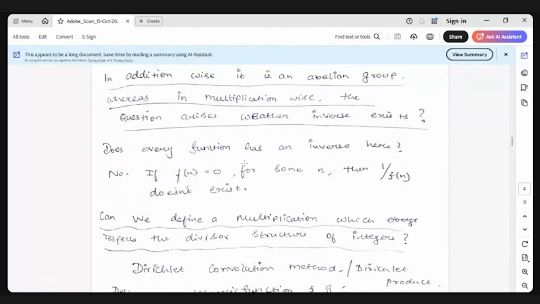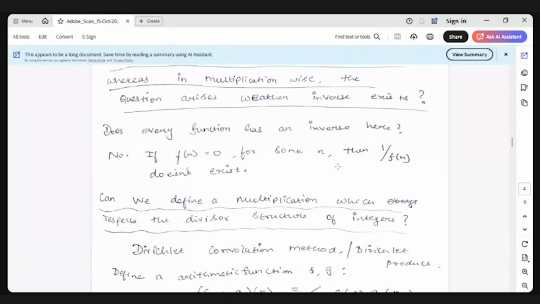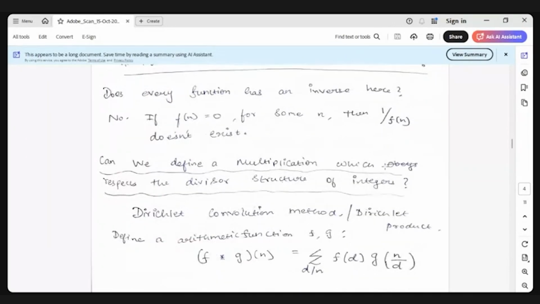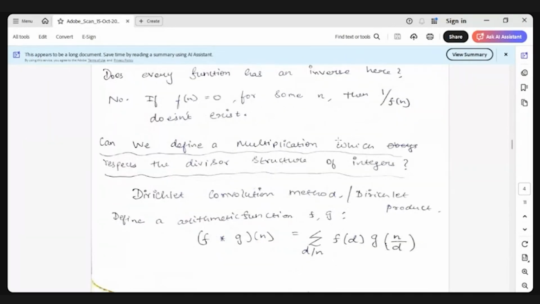Can we define a multiplication which respects the divisor structure of integers? I am in search of a map which includes this inverse property also. So there comes the Dirichlet convolution, or Dirichlet product method. We make a small modification to the previous map.